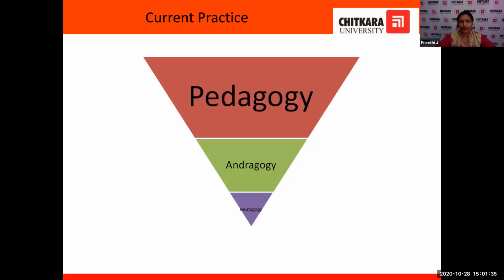So when we think about the current perspective, we think pedagogy is what really happens out there. The majority of teaching-learning methods follow pedagogical practice, with some amount of andragogy.